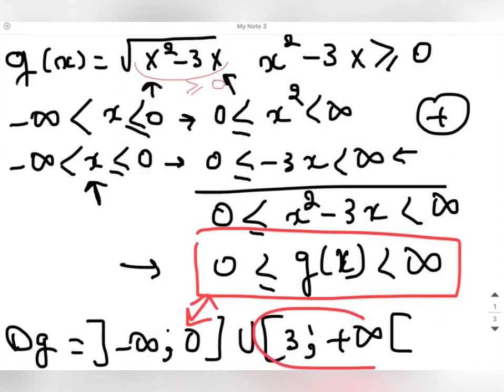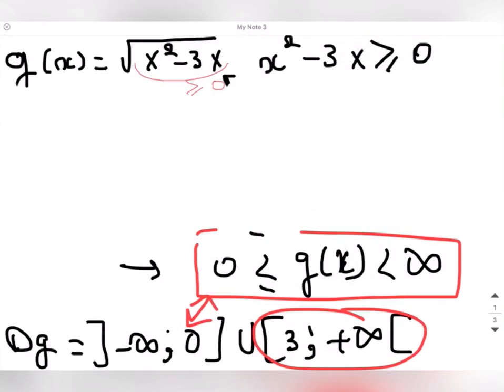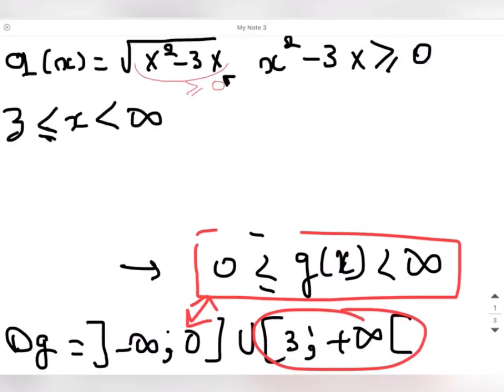Now we are going to work among this one. Okay, so if we begin by saying that x is between 3 and infinity, so x squared is between 9 and infinity, right? So we have this term. We need to find this term too.